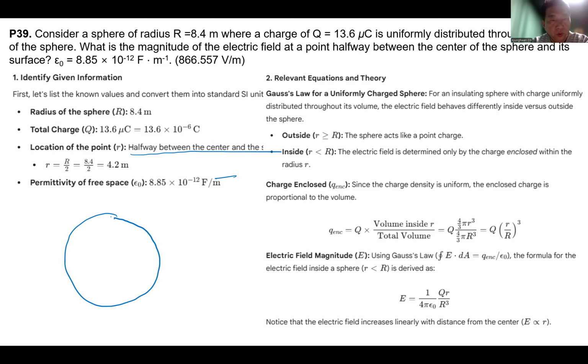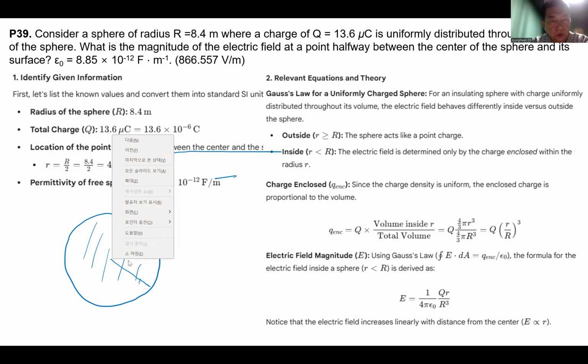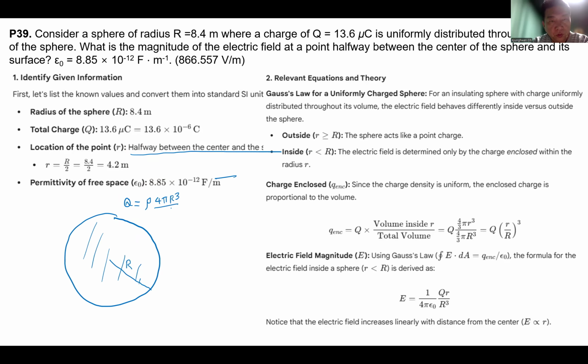And we are assuming that the total charge Q is uniformly distributed inside this sphere of radius R. In other words, Q is given by rho times 4 pi R cubed over 3. Okay, so rho is a constant.